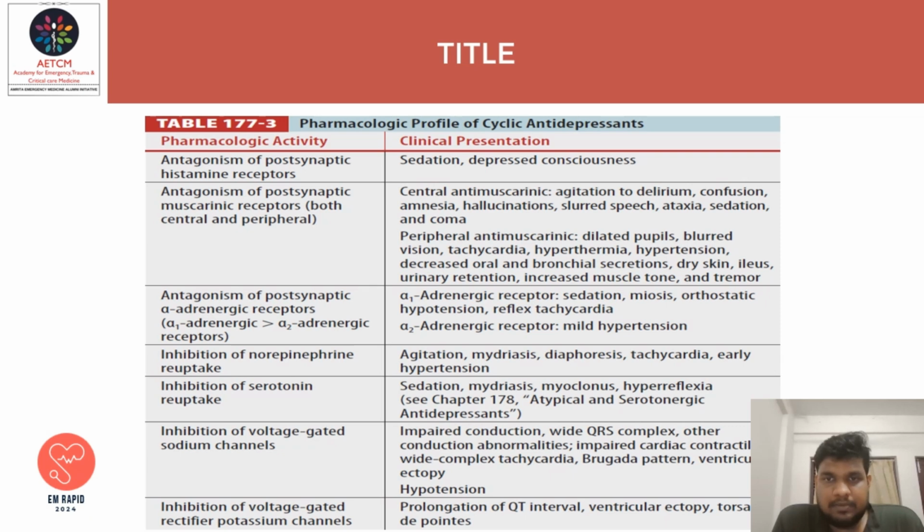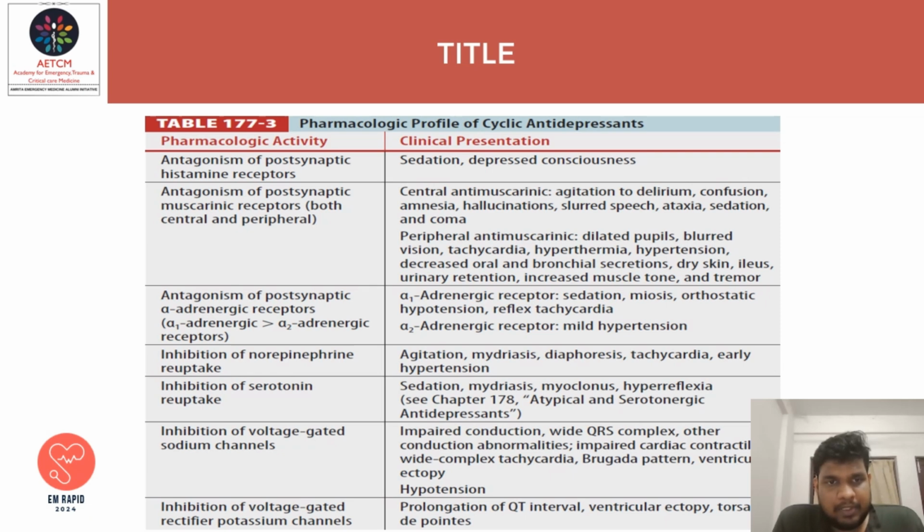Peripheral antimuscarinic effects lead to dilated pupils, blurred vision, tachycardia, hyperthermia, hypertension, decreased oral and bronchial secretions, dry skin, ileus, urine retention, and increased muscle tone and tremor.